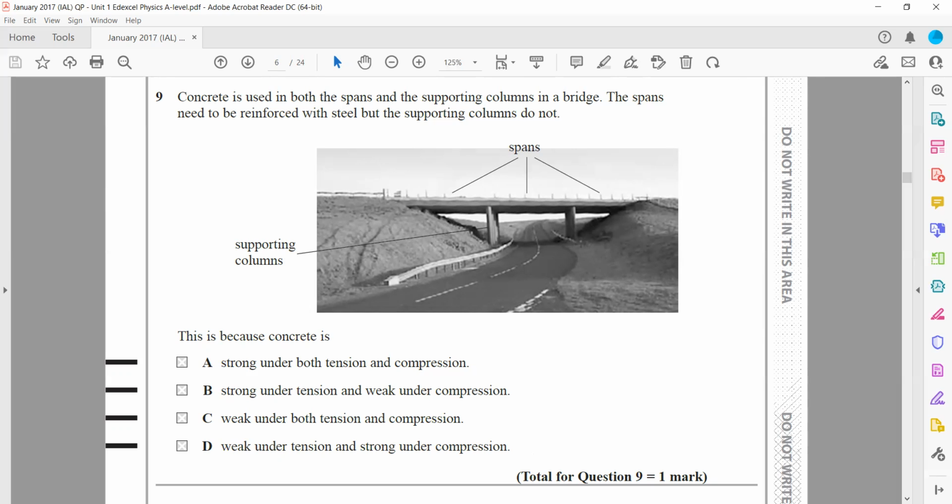This is because concrete is... So as they mentioned here, the span needs to be reinforced with steel, but the support column does not. Support column does not need a reinforcement.